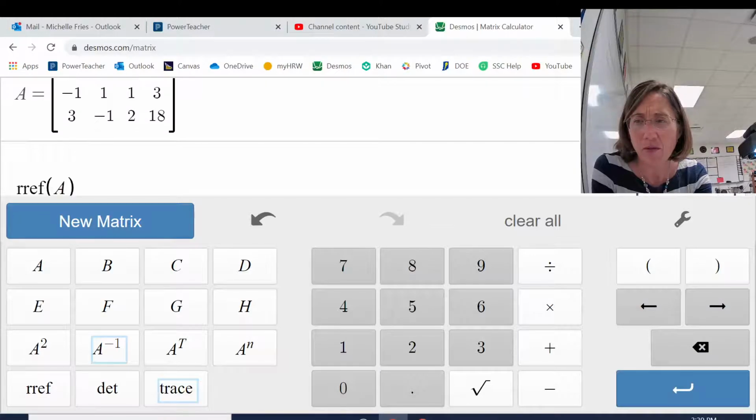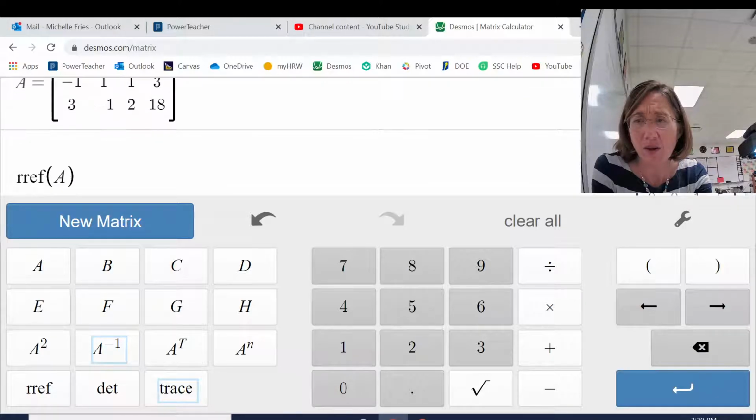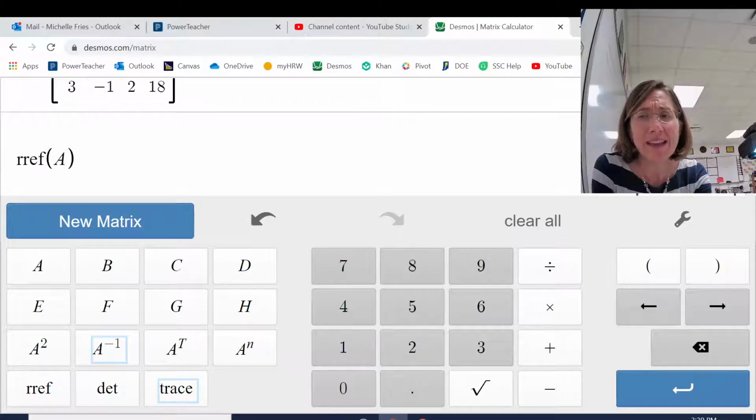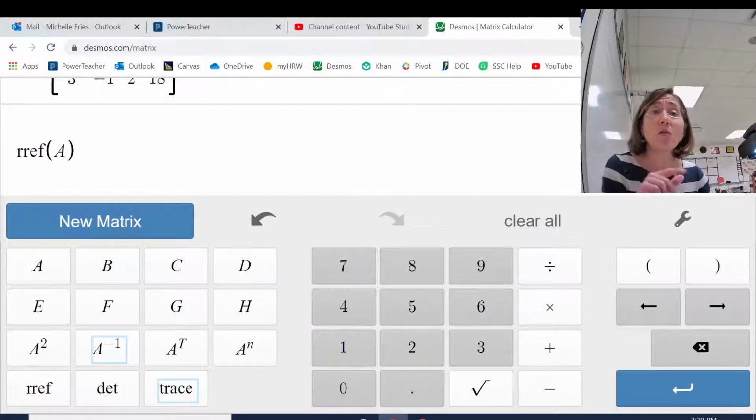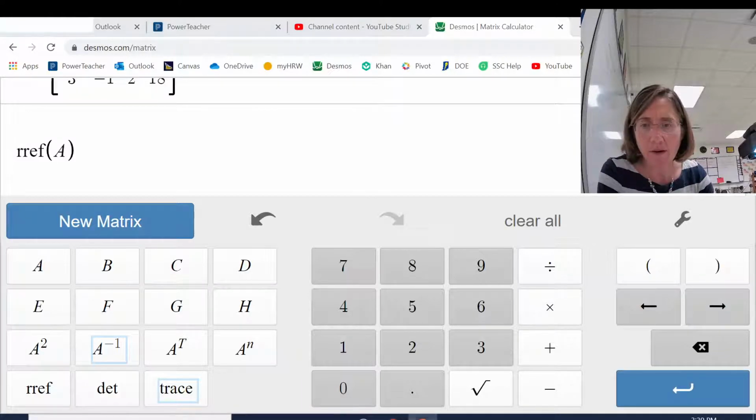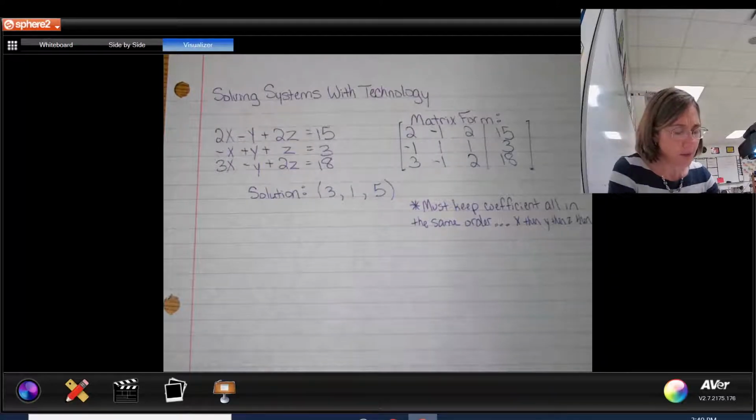So I'll scroll slowly so that you can hopefully see it, and then I'm going to write it down on paper. So it probably would be a good idea if you went on Desmos and entered this matrix so that you could see what pops up there. So let me switch back to my paper here.